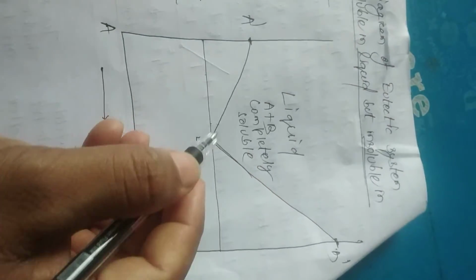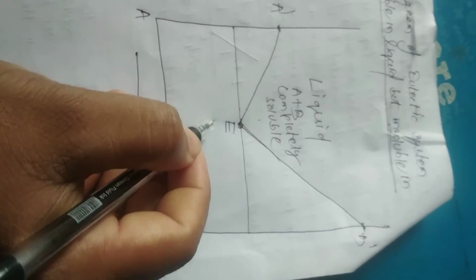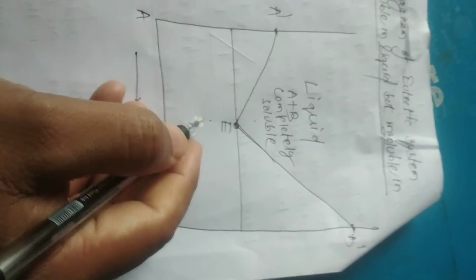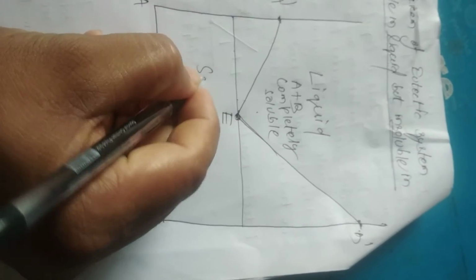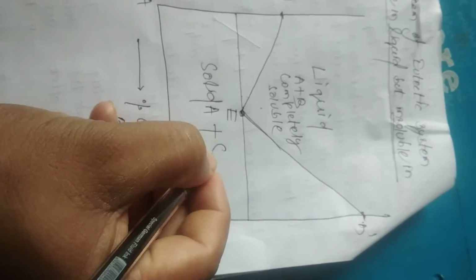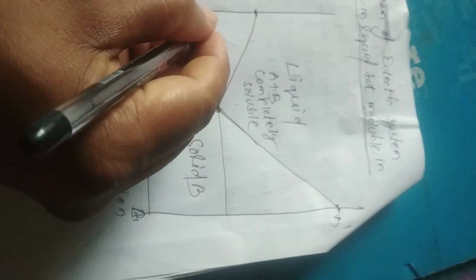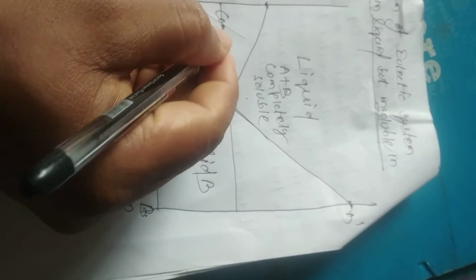Now see, at the point E, the liquid phase is directly converted to another new phase, that is the solid phase. We can say that this is solid A plus solid B. Here this is the constant temperature line.